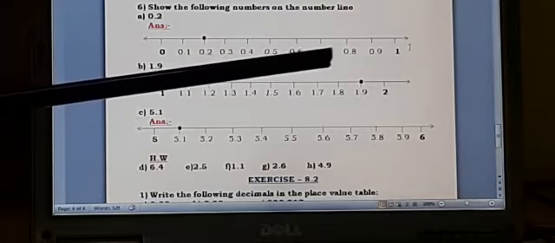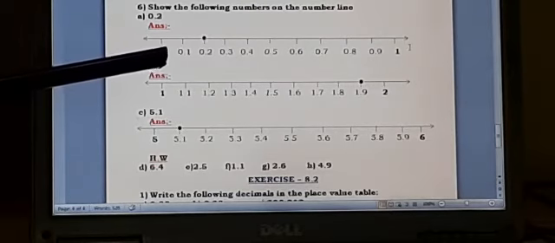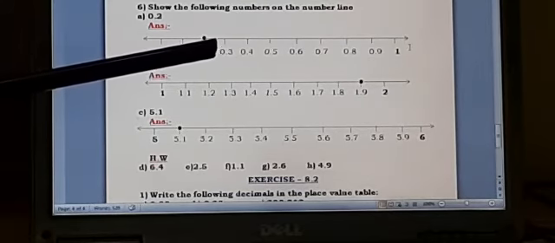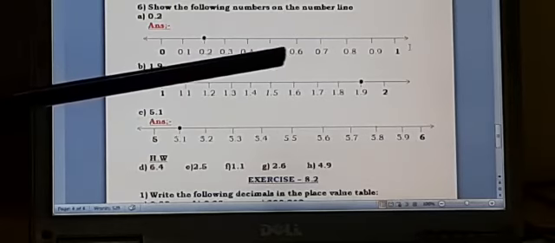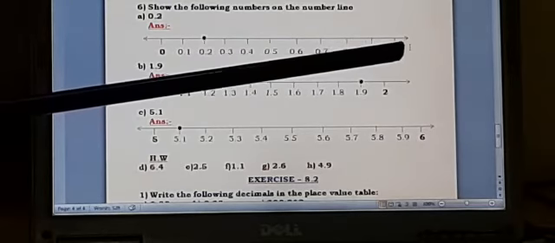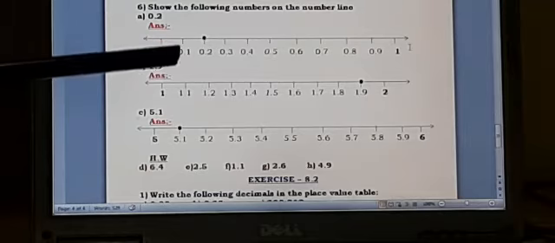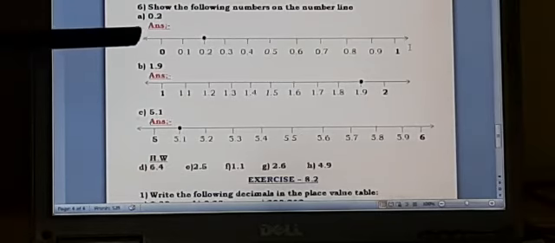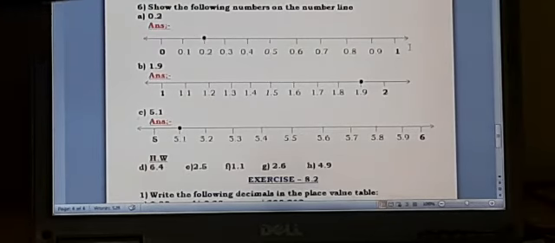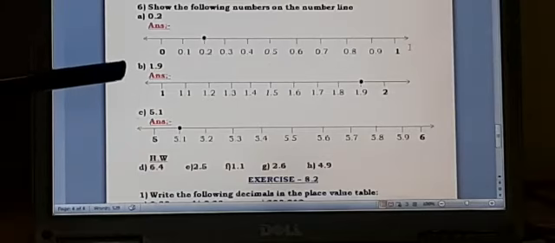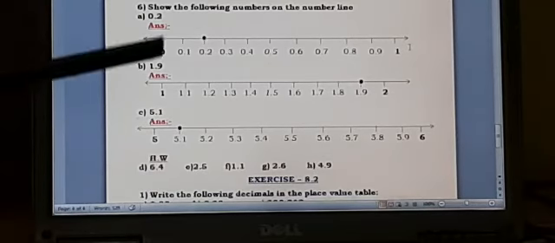After dividing into 10 parts, after 0 we can write 0.1, 0.2, 0.3 like that, up to 0.9, filling the dividing marks. After that we can mark 0.2.